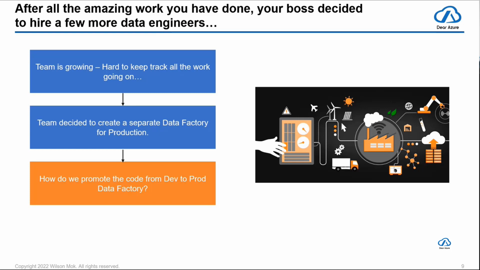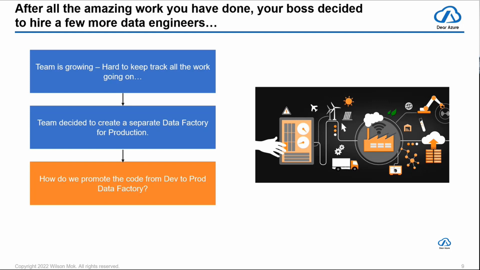So now the team is growing, and there are many different pipelines being built, and different changes are happening all the time. It gets a bit overwhelming, as we don't want any changes that are not ready for production to be published, essentially.